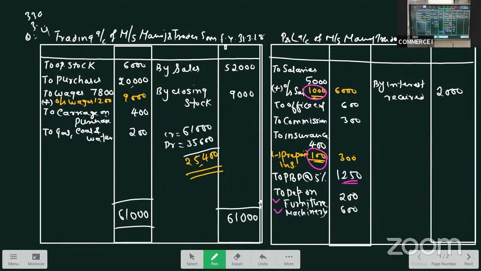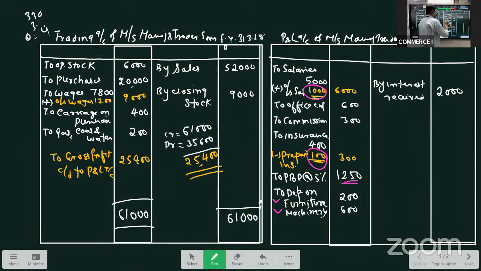So 25,400 is the gross profit carried down to profit and loss account. 25,400 is the gross profit we will show in P&L account.